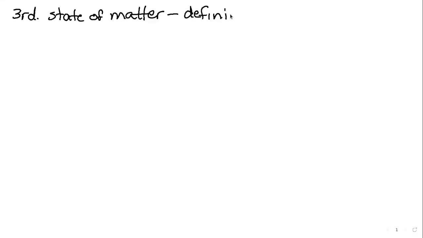So now we're going to go to the next one. The third definition down is the state of matter with a definite volume but not a definite shape.